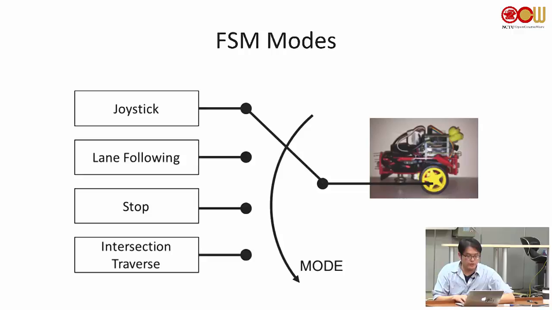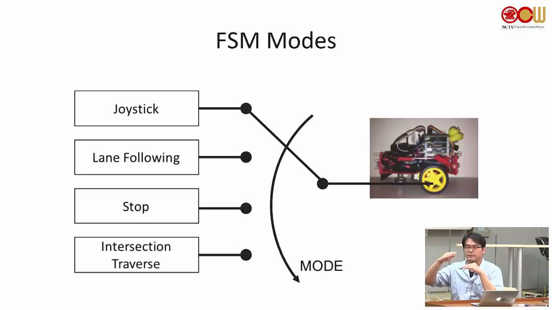When you switch to the lane following node, your joystick is not going to control the robot, because there is a mechanism to switch among different nodes. It's not always safe to send the car command directly to the Duckiebot, as they may interfere with each other.